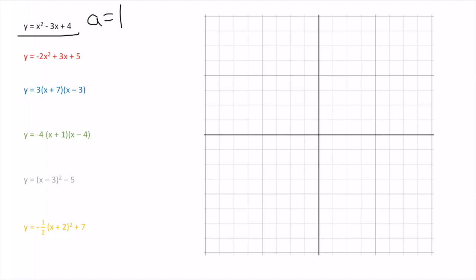The only other thing I know here is that it crosses the y-axis at positive 4. So just to get a rough sketch, right now I don't know if it crosses the x-axis. I just know that it looks something like that.